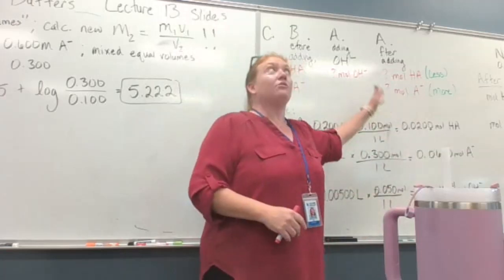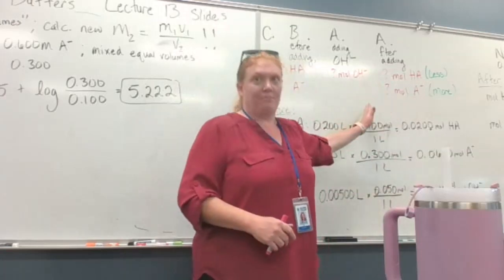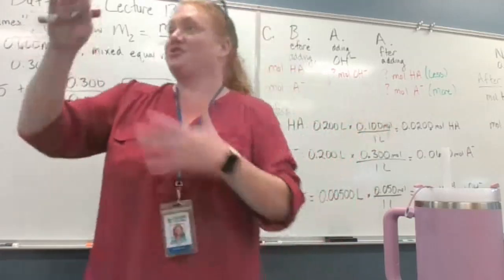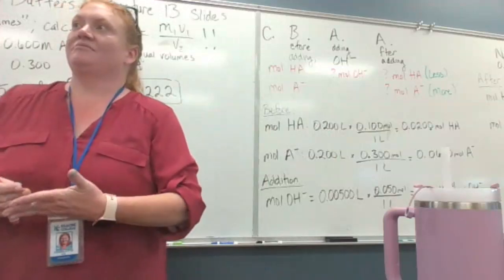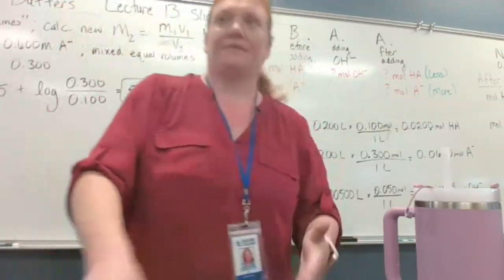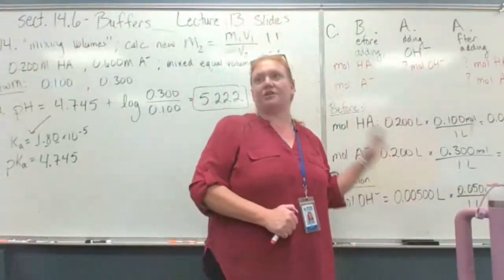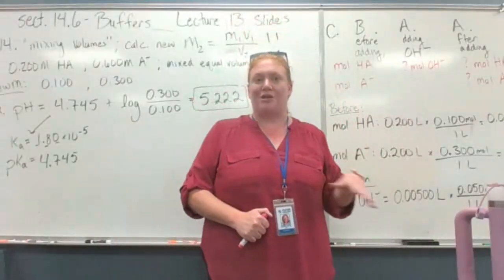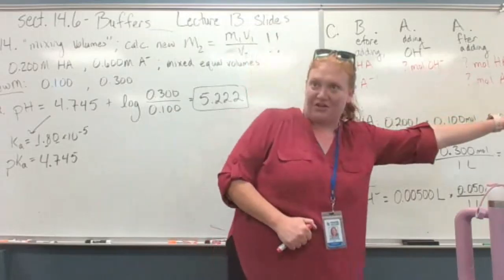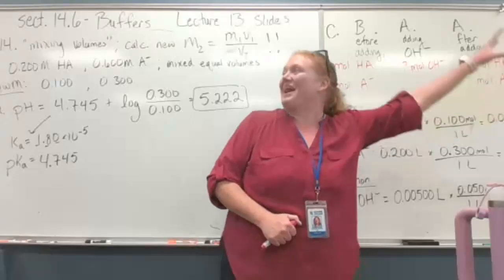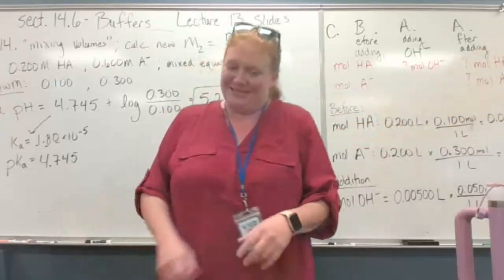This is true only when you add base. Can you do calculations if you were adding a weak acid? Sure, but you'd have to do an equilibrium calculation first to figure out the concentration of H3O plus, and then do that.